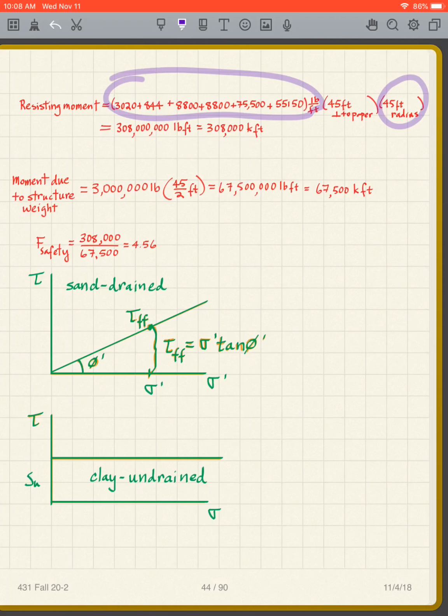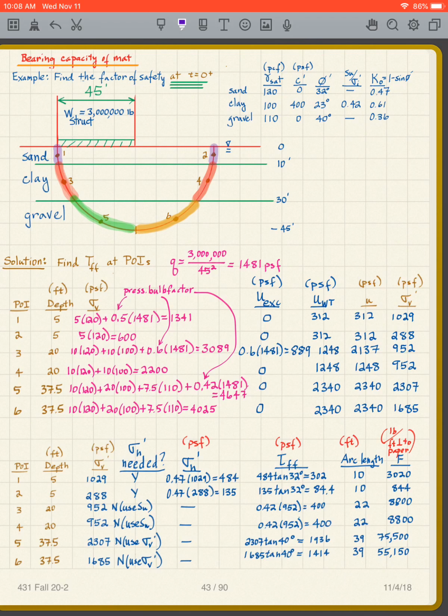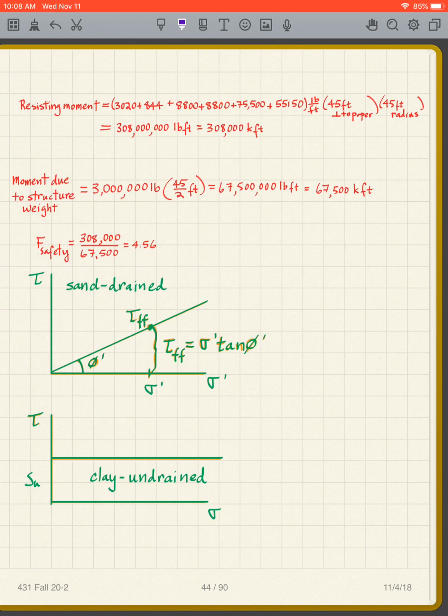And then I'm taking 45 feet perpendicular to the paper. Why am I now taking 45 feet perpendicular to the paper? Because I'm going to assume that I'm taking a three-dimensional picture. Maybe I can draw this. I'm taking a slice that looks like this. So in other words, I'm getting failure.